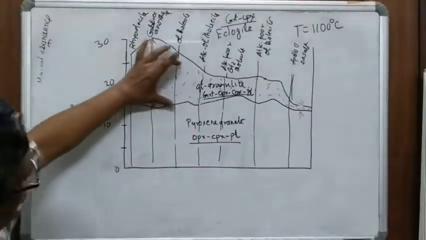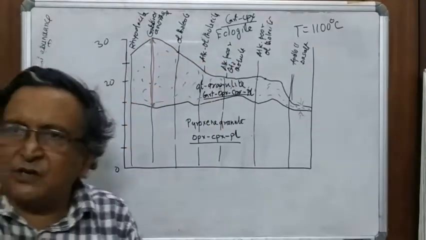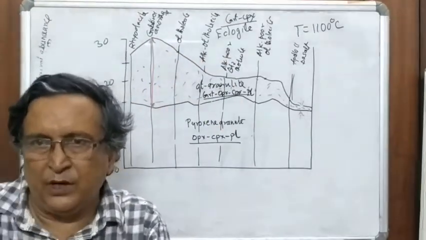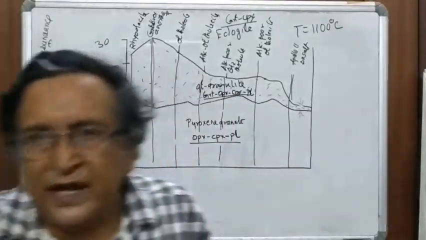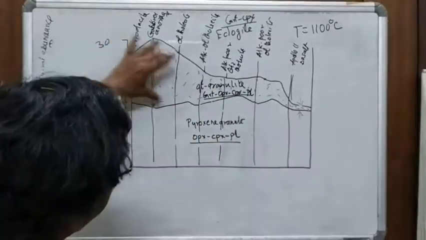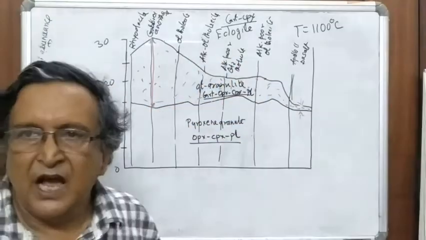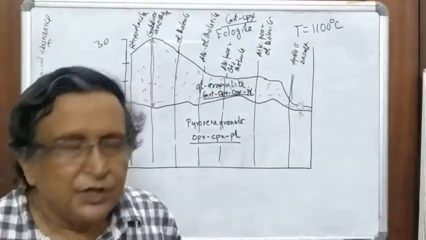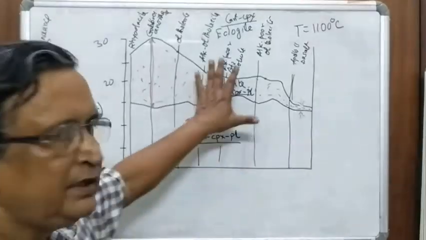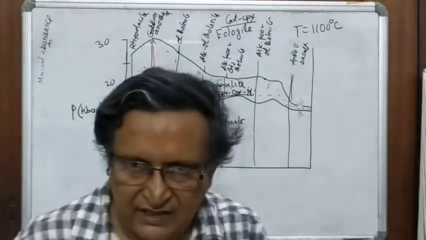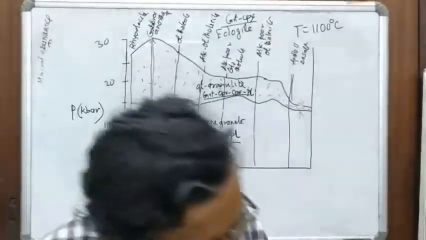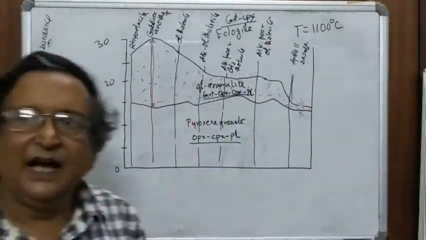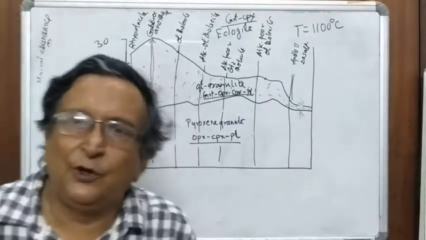But overall you can see the large amount of depth that is required for transforming gabbro to eclogite, and it is impossible to do it across the board of the Mohorovičić discontinuity. So he was the first person who said you just can't have a phase change boundary as the Moho. It is now known that the Moho is not eclogite.